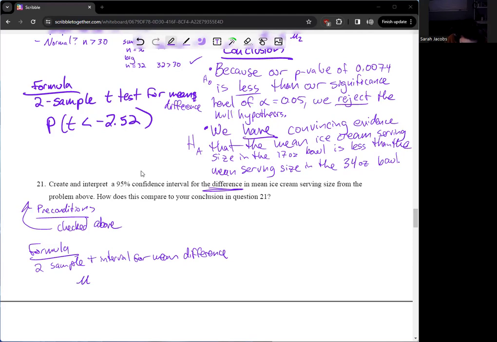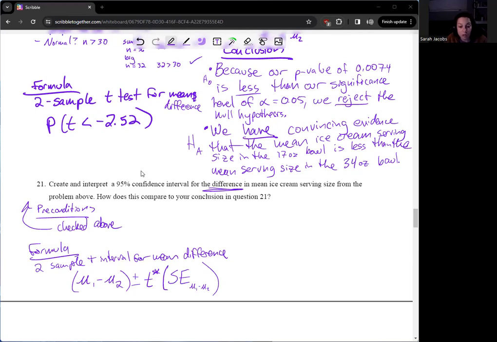And it's basically going to be, we'll keep it all negative. So we'll say mu1 minus mu2. And those are defined above, plus or minus the critical value. This is going to be T star. Again, we're going to let the calculator do this because it's complicated by hand. Not that bad. And then it's going to be the standard error of mu1 minus mu2, which is basically just the square root of the standard deviation squared over the sample size.